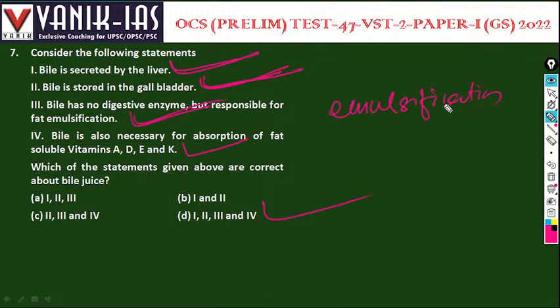Emulsification means dispersion of one liquid in a second liquid. That is emulsification. Yes, fat emulsification means breakdown of fat. So here all the statements are right.